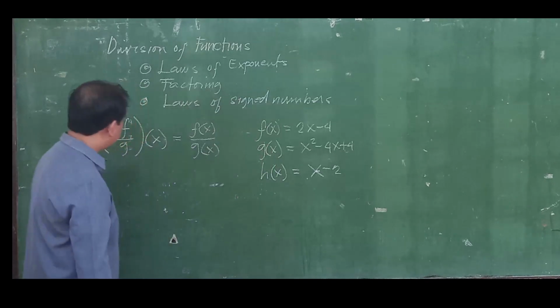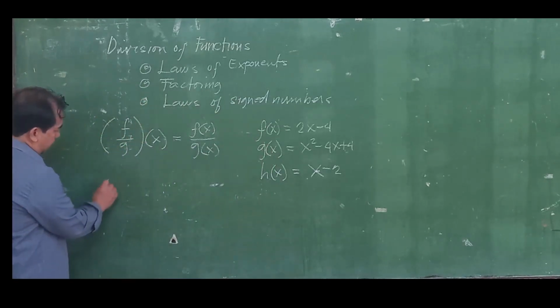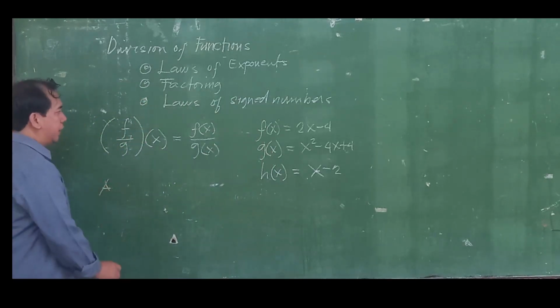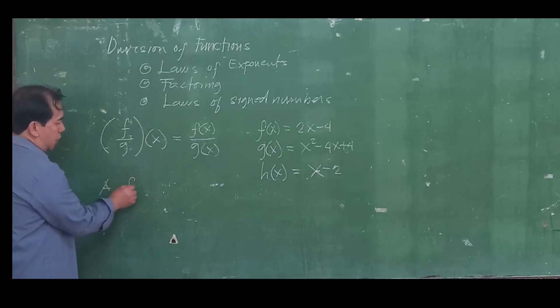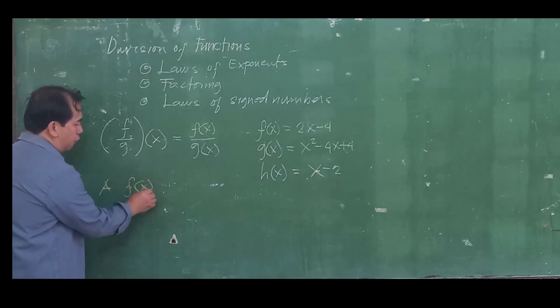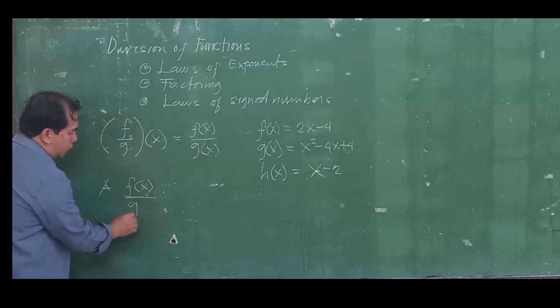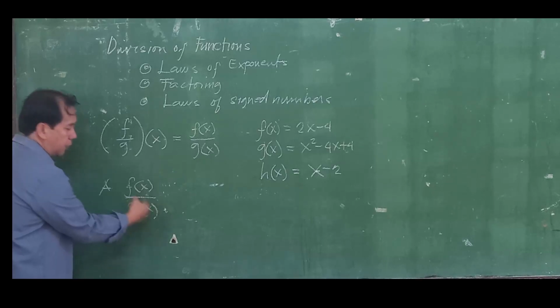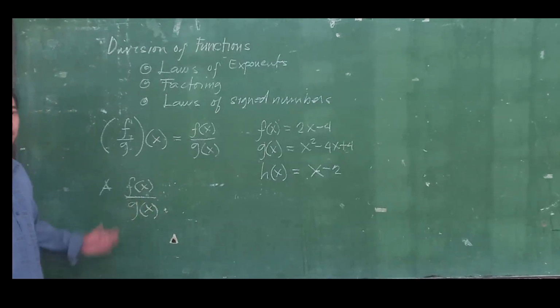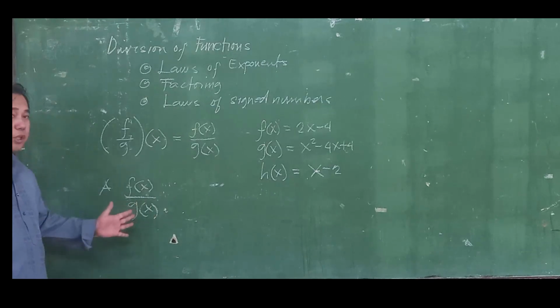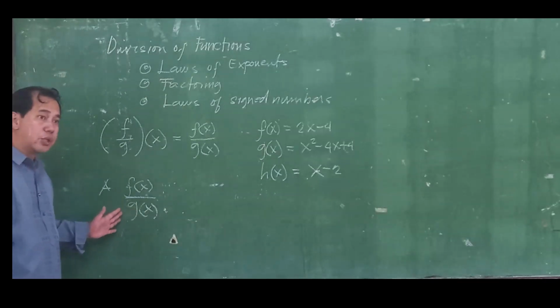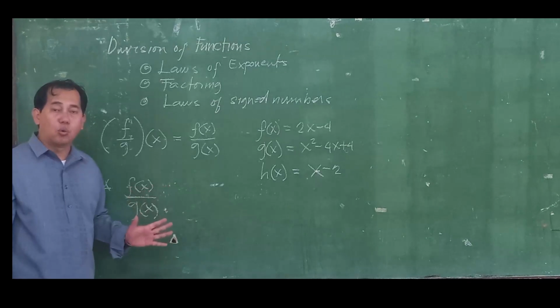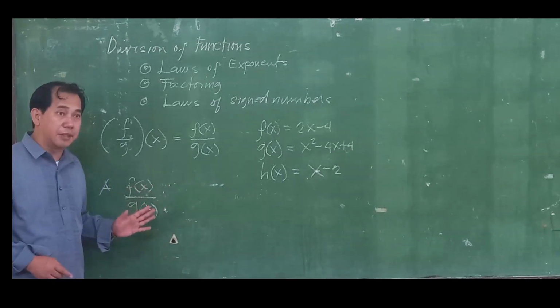So let's try to have letter A. Let's say, letter A example. What if we are going to get the quotient of f of x and g of x? This is the one that we're going to look into. Now, how do we do this one? Meaning we follow the sequence of the pattern.